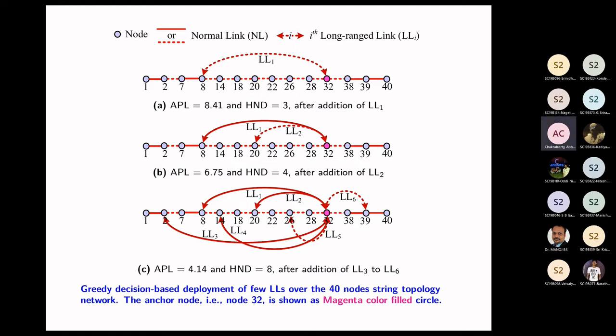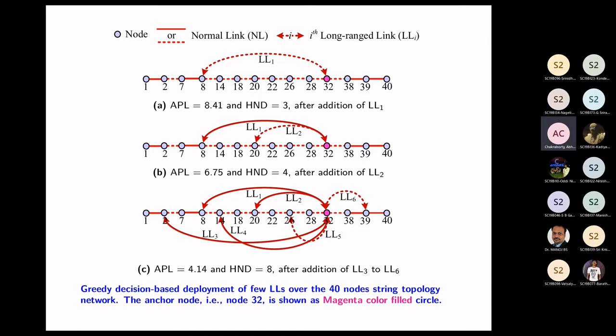On top of that, you can see the next value, called HND. In A, B, and C, the HND value continuously increases with each link addition. So 3, then in B, when it is 2 links, it is 4. When it is 6 links, one of the nodes gets a highest neighbor degree of 8. So one of the nodes in that particular link addition is attracting more links in the network.